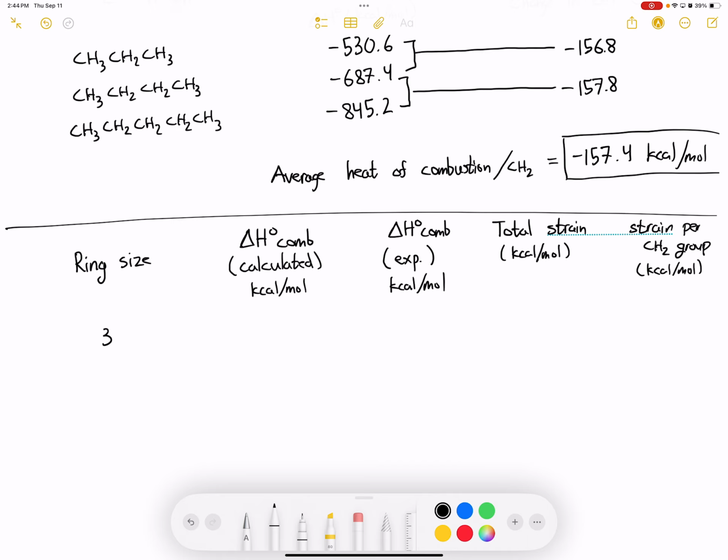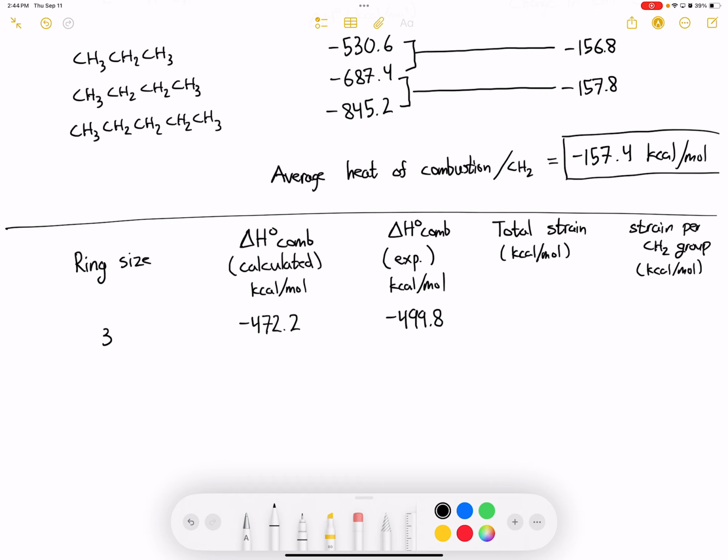Your calculated value here is negative 472.2. But in experiment, it releases actually a lot more energy, negative 499.8.